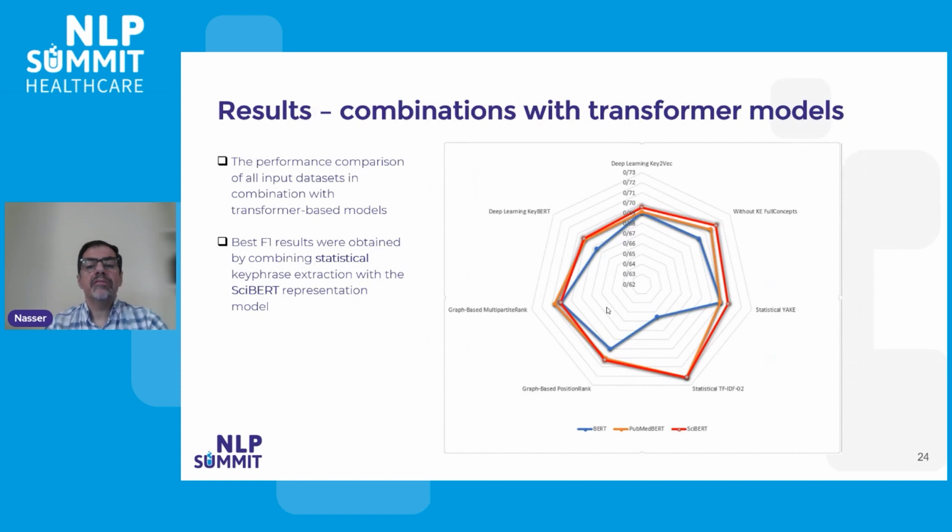And here we have the combination of transformer models. As you can see, the red chart shows SciBERT, which has produced better results in combination with statistical methods.